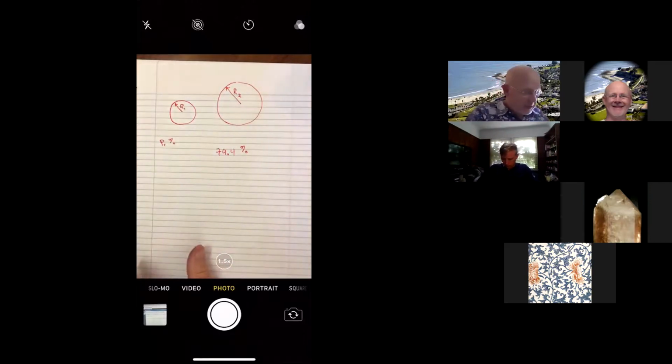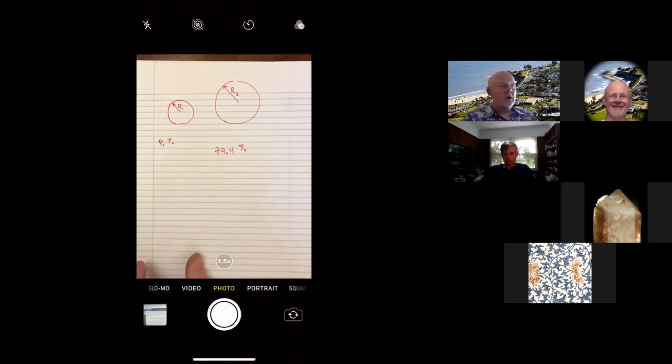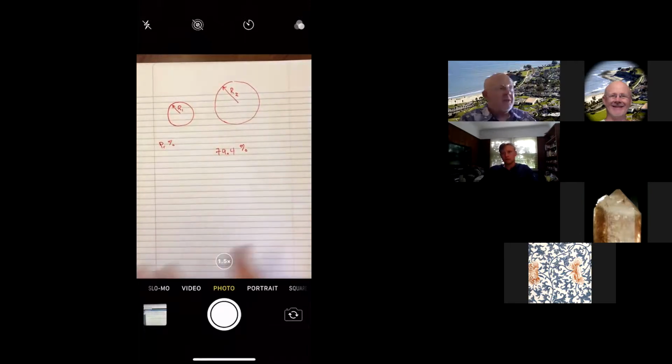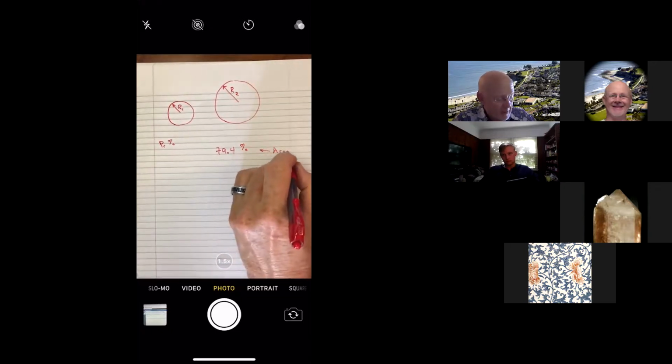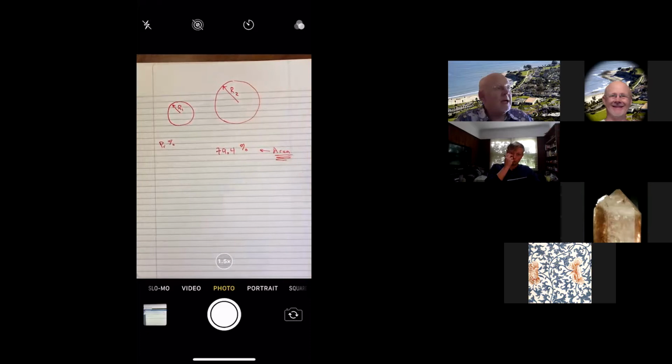Now, I don't know if this is completely true in the business world, but I think this problem was implying that not only is the area bigger, but the price is bigger. And I think it's trying to imply that the price per square inch or square centimeter, whether you get a small one or a big one, is the same.